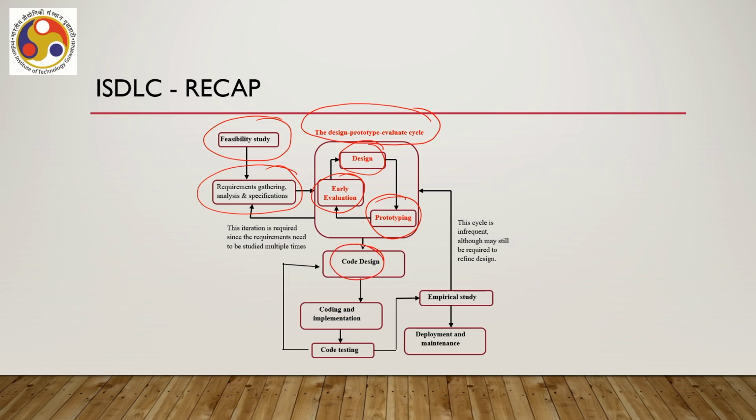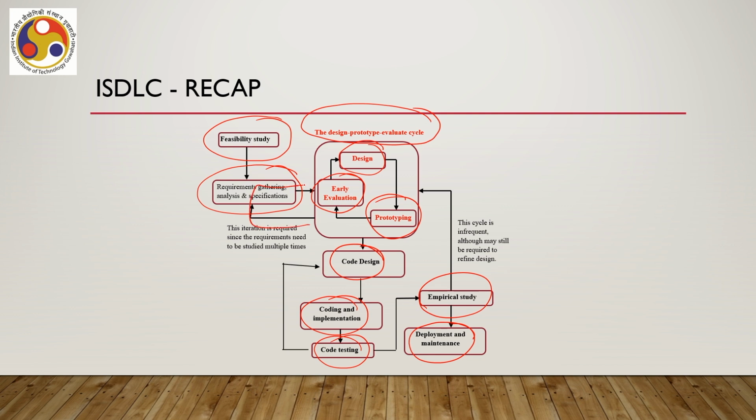Then we have code design, followed by coding and implementation, followed by code testing, which is followed by empirical study or empirical testing or usability testing. Finally, deployment and maintenance. In between there are lots of feedback loops.